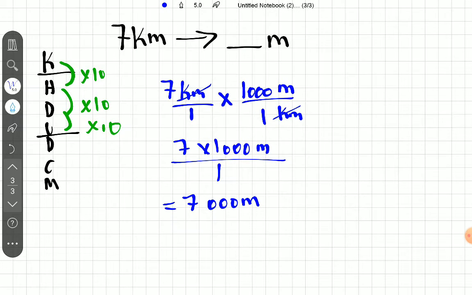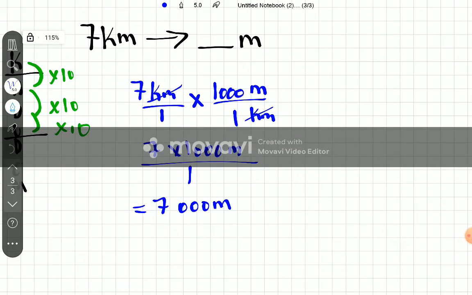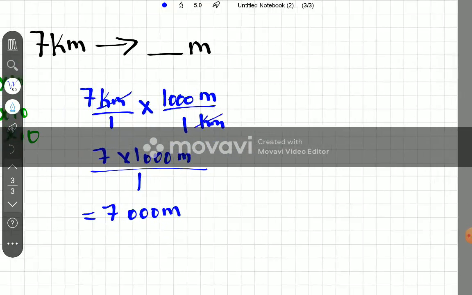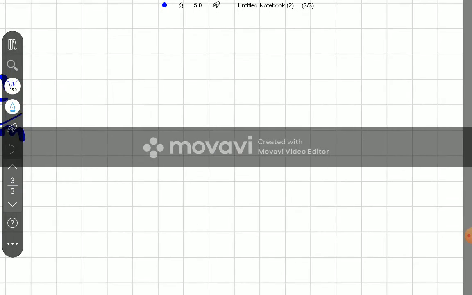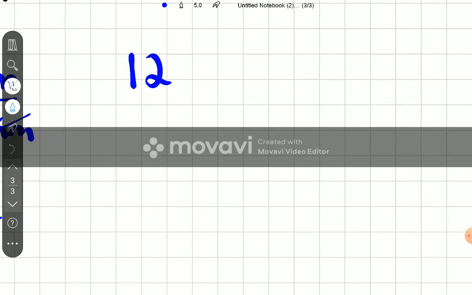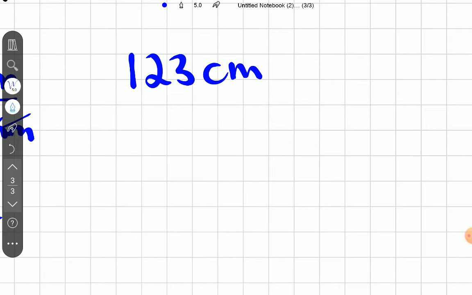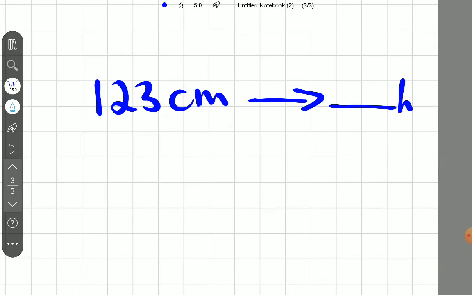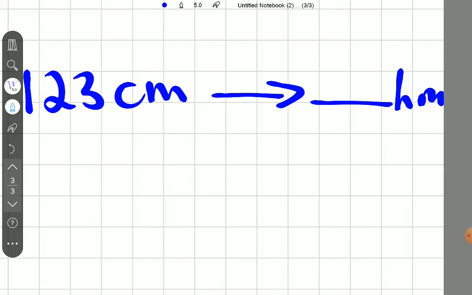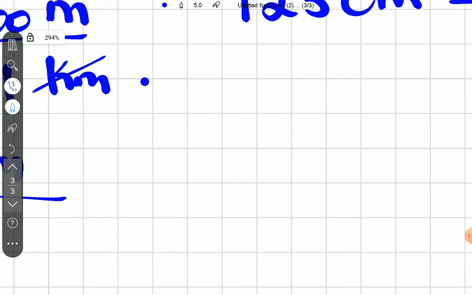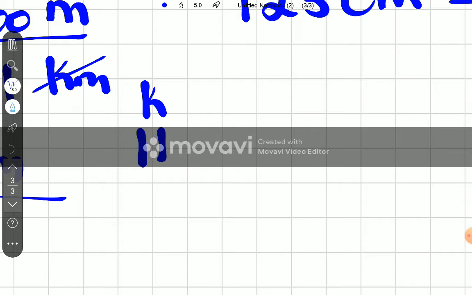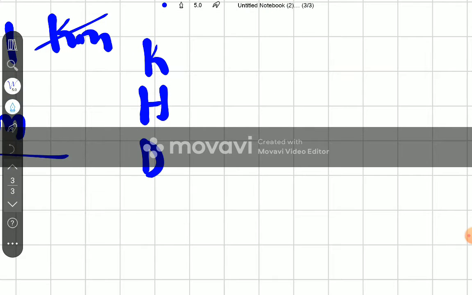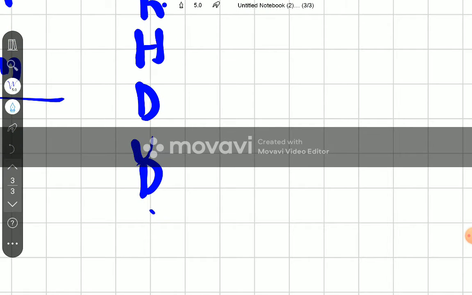Let's do a little harder question. So if we had 123 centimeters and we want to convert it to hectometers, how would we do that? I'm going to write our thing again. So King Henry died unusually drinking chocolate milk.